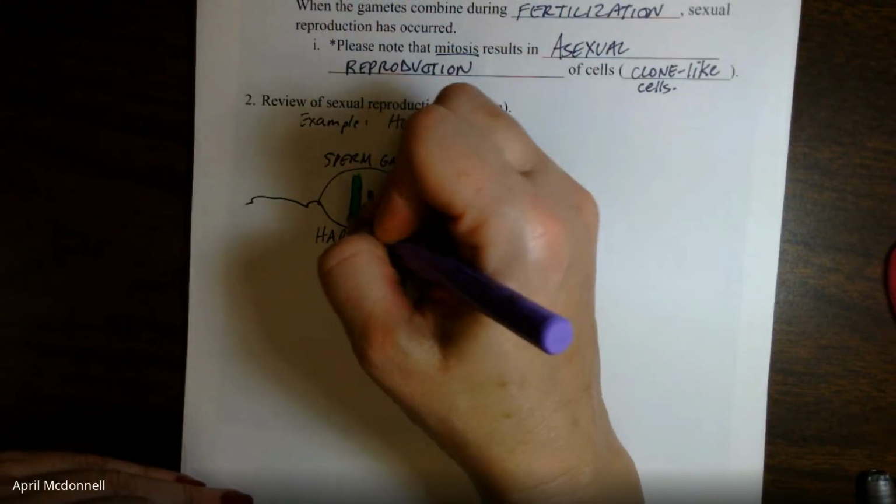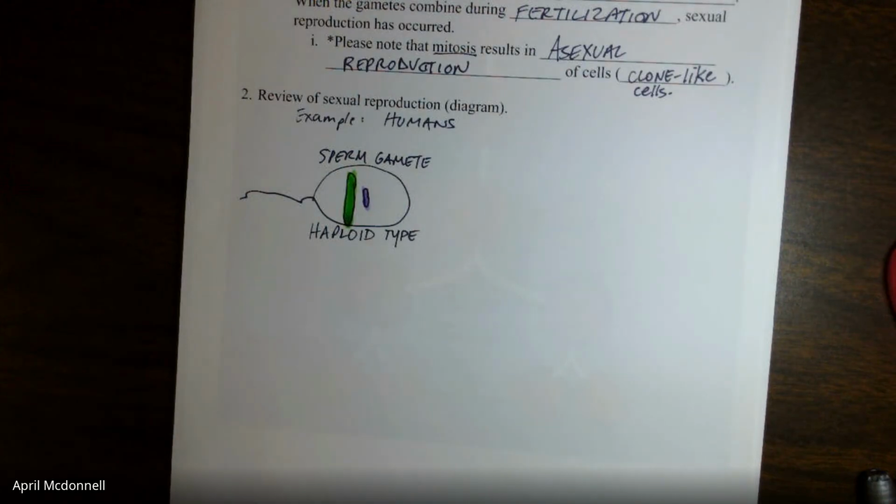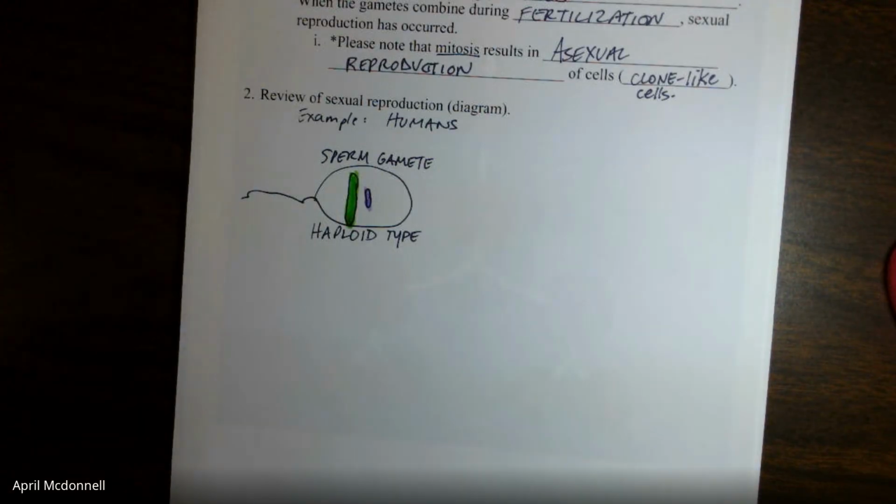It looks like my sperm gamete has 2 chromosomes. That's not human though. So remember, sorry, this should be green. This should be all green. Okay. So if we were talking about humans, there would be 23 chromosomes in the sperm gamete, but I am not going to draw 23 chromosomes.